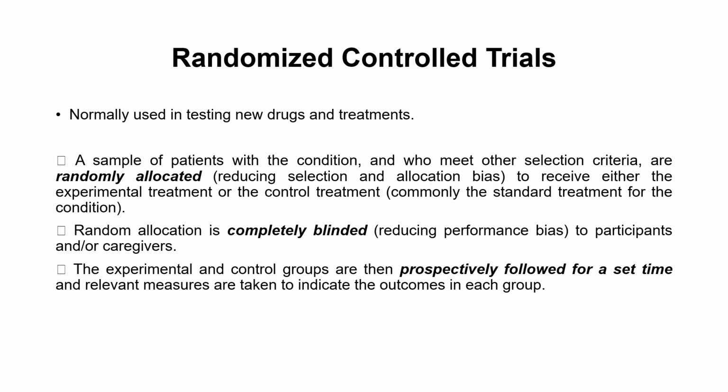The random allocation is completely blinded for the participants and also for the researchers in order to reduce performance bias. Then the experimental and control groups are prospectively followed for a set time, and you measure certain factors in order to indicate the outcomes in each group.